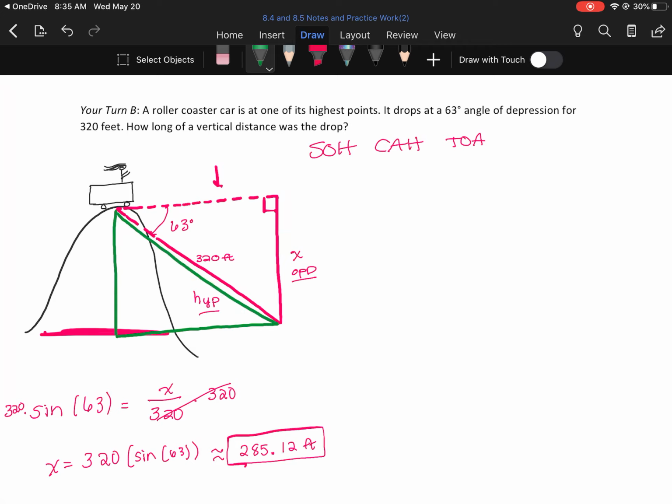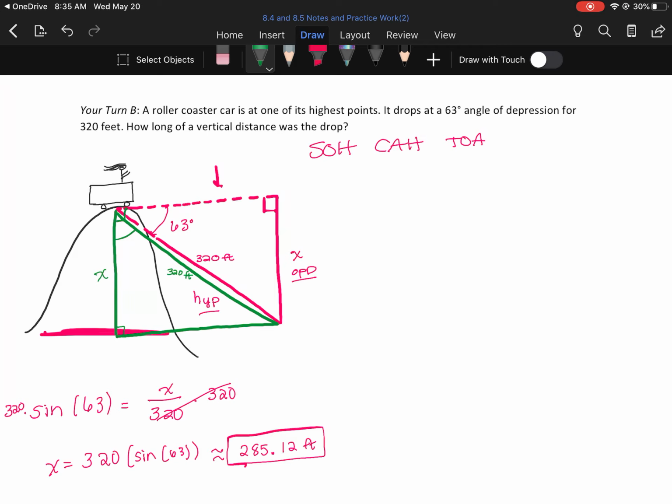So now there's my new triangle. This right here is still my right angle. This is my hypotenuse, which is 320 feet. We still have to find this vertical distance. However, notice how this is a completely different triangle. So I can't use that 63-degree angle anymore. I have to find this angle.